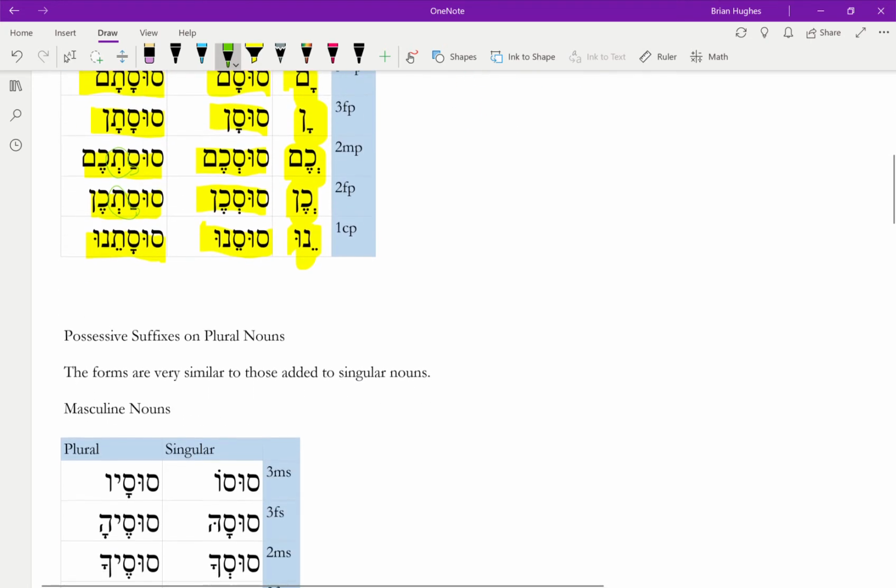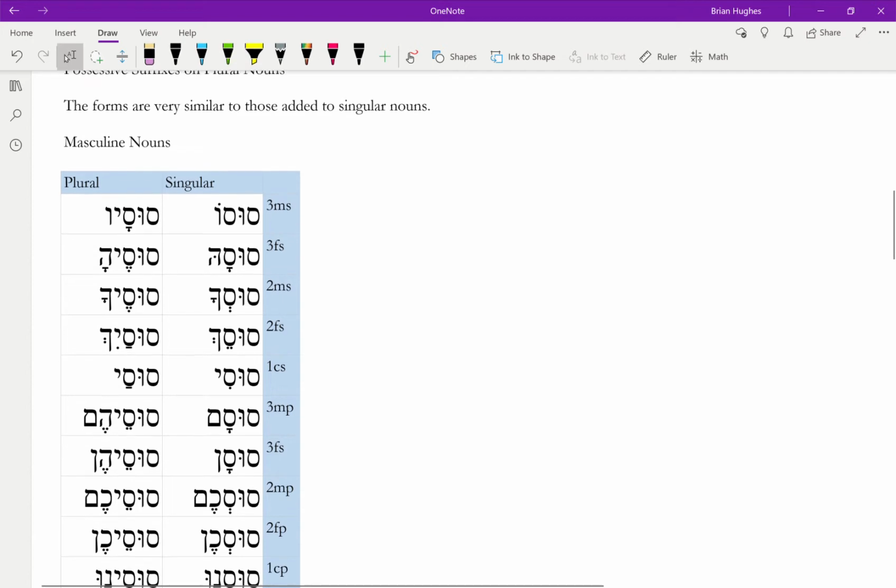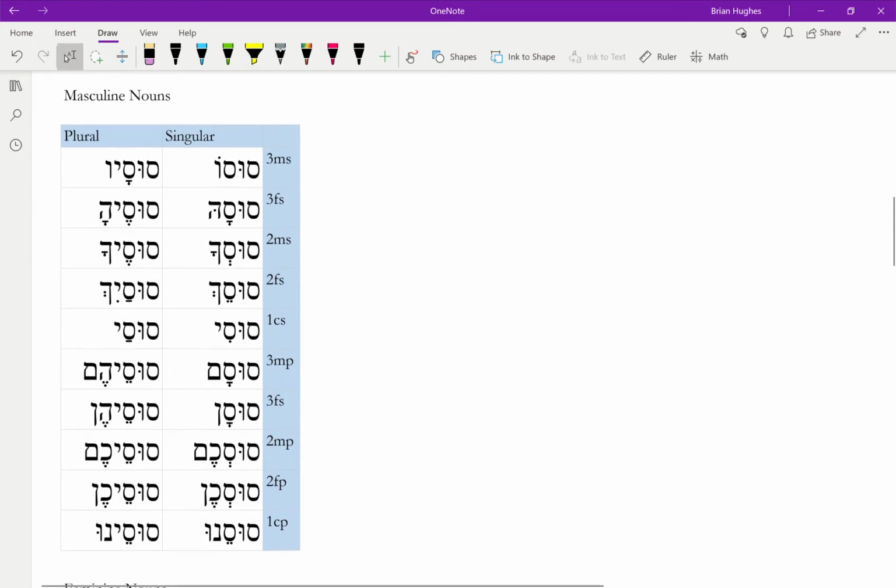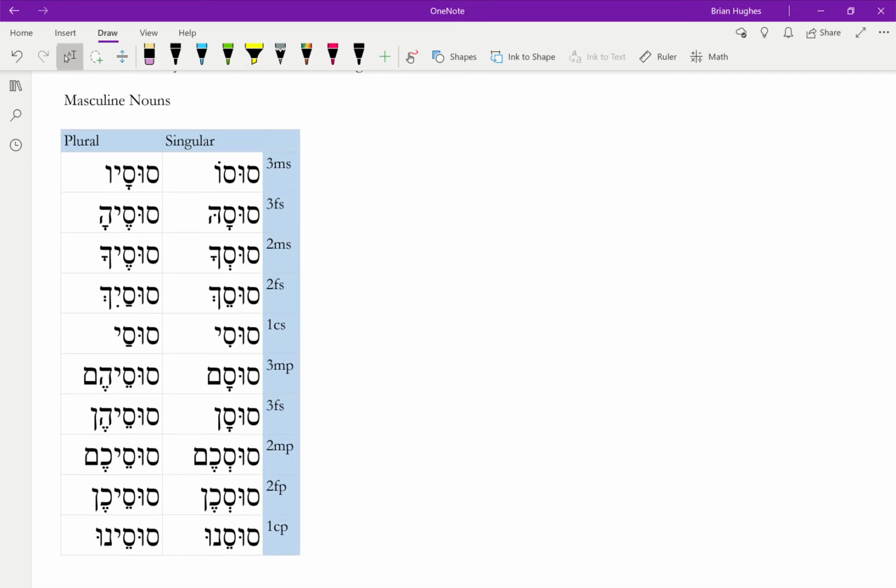So possessive suffixes on plural nouns: the forms are very similar, but slightly different from those on masculine and feminine singular nouns. Our singular form, as I said, doesn't add anything additional to the noun; we don't get a special ending.